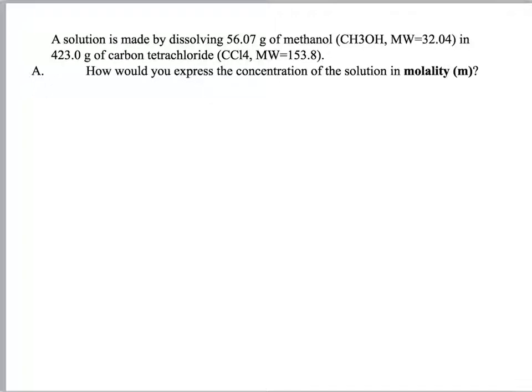So molality is moles of solute per 1 kilogram of the solvent, right? So it's different from molarity.